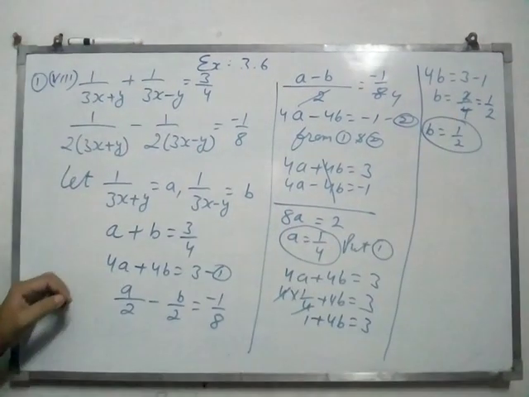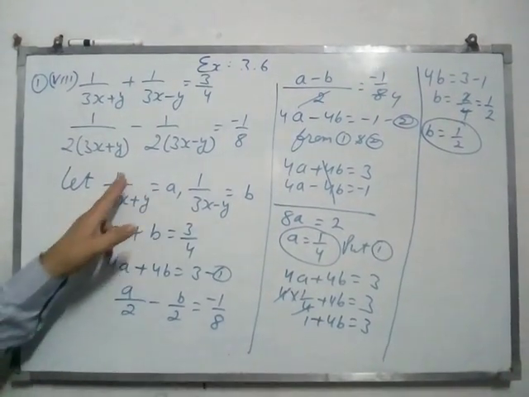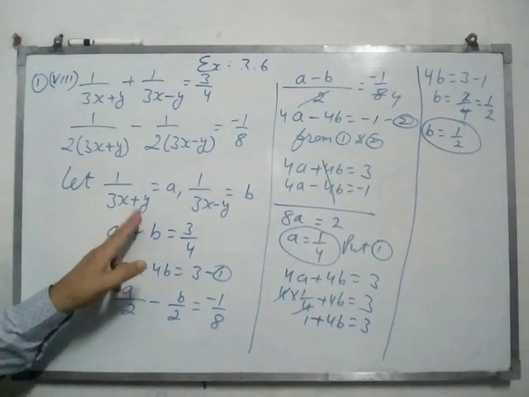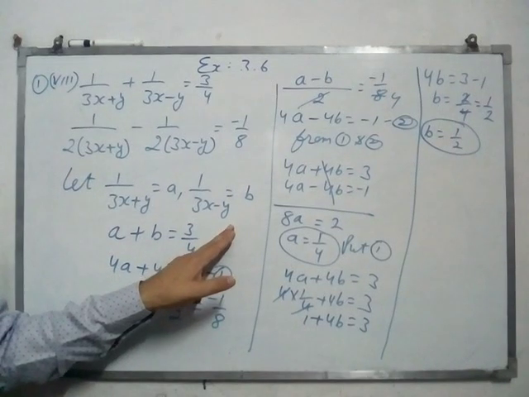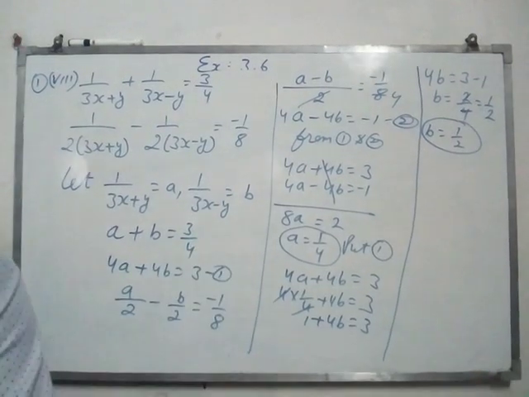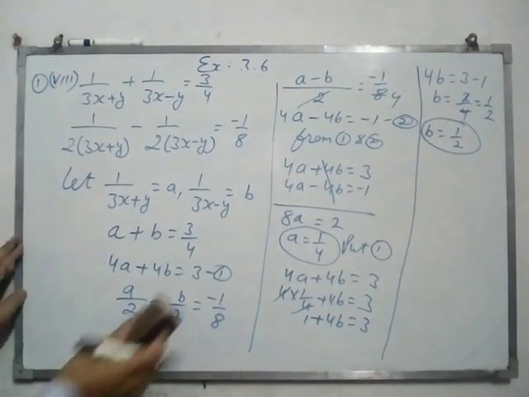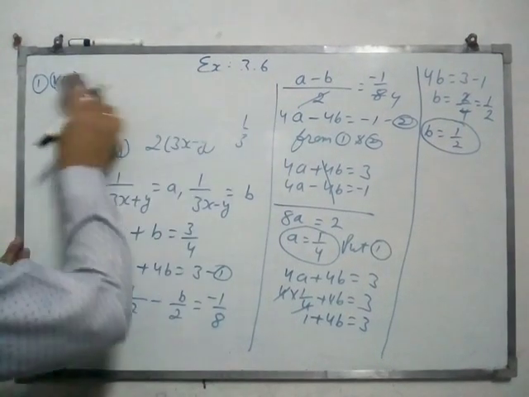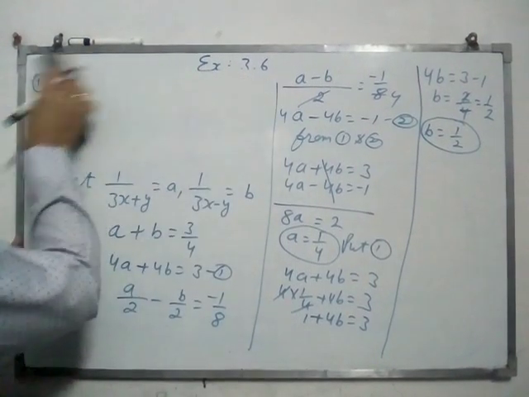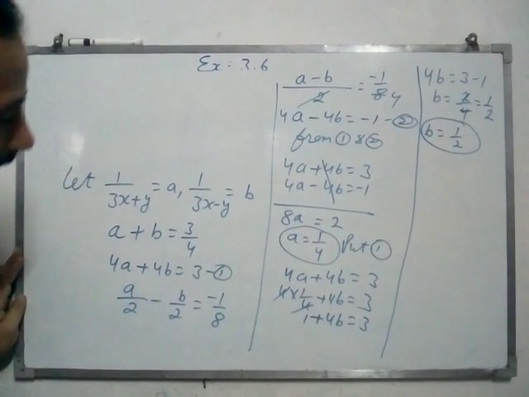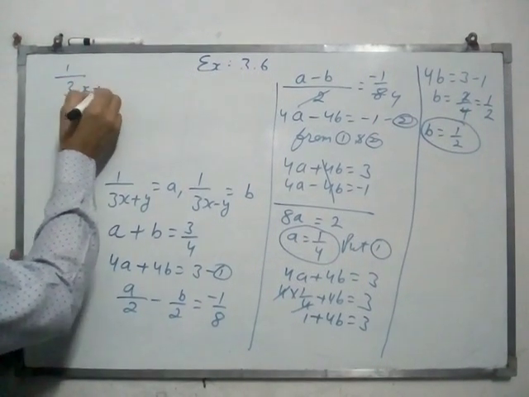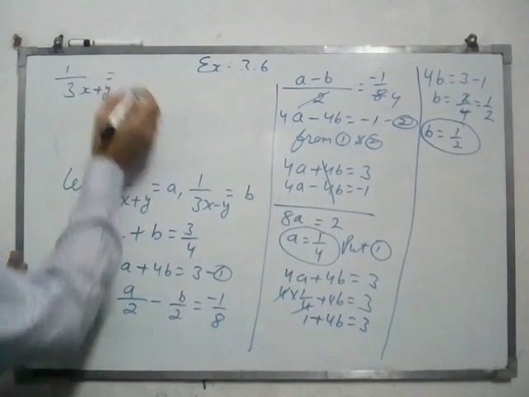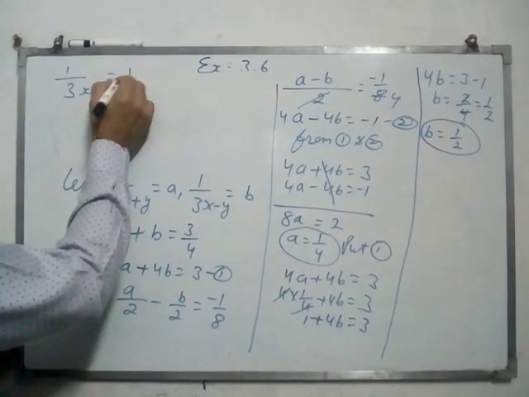But we know that the value of a equal to 1 upon 3x plus y and b equal to 1 upon 3x minus y. So put these values. 1 upon 3x plus y equal to a, that is 1 upon 4.